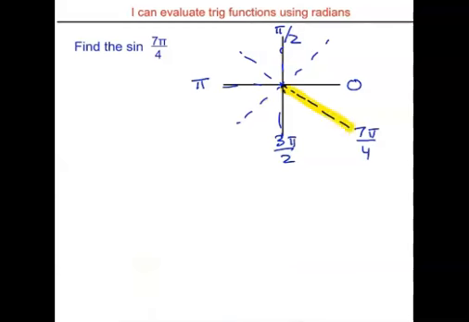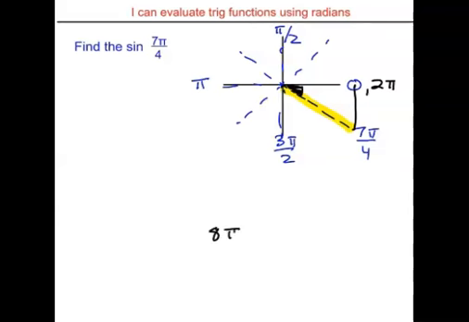Okay, and then I'm going to draw a line up to the x-axis. This is also 2 pi. And I want to figure out how big this angle is. How far is it from 7/4 to 2 pi? Now remember, 2 pi is the same as 8 over 4.